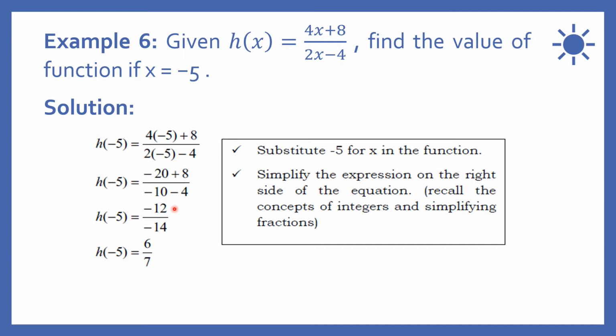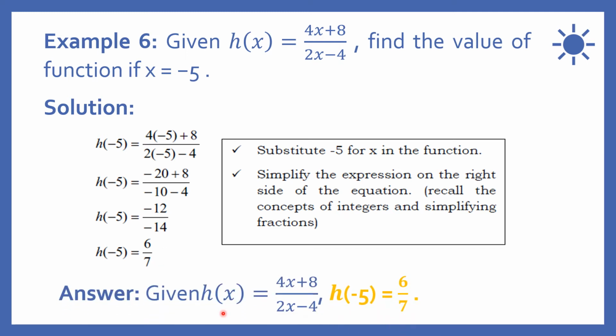Kaya ang final answer natin, 12 divided by 2 is 6, 14 divided by 2 is 7. So, kung pwede pa siyang i-simplify, i-simplify nyo pa rin. Pero since ito ay nasa simplified form na, okay na siya sa 6 over 7. So, ang answer natin, given h of x equals 4x plus 8 over 2x minus 4, h of negative 5 is equal to 6 over 7.